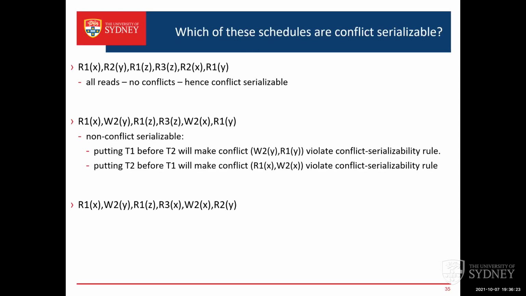Okay. So first thing, we have to figure out how many conflicting pair do we have. So how many conflicting pair do we have in this case? Yep, 3. We have 3 conflicting pair in this case. R1X, W2X, right? R2Y, and then R3X, no, sorry.